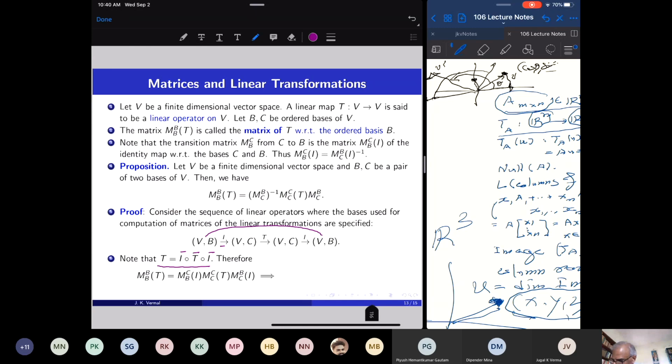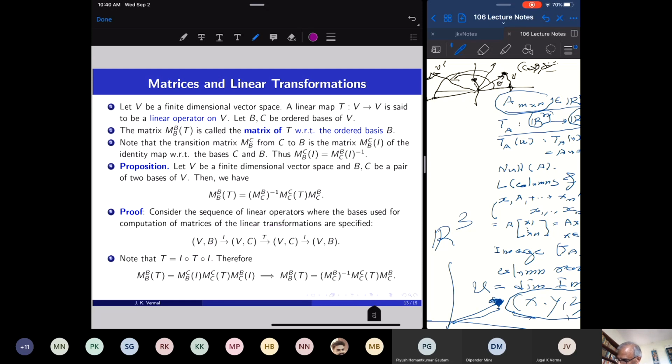So I can use this earlier proposition that the matrix of composition is the product of the matrices. So the matrix of this linear transformation when I have basis B will be simply M_B^B(T), but that is the product of M_C^B(I) and then M_C^C(T) and then M_B^C(I).